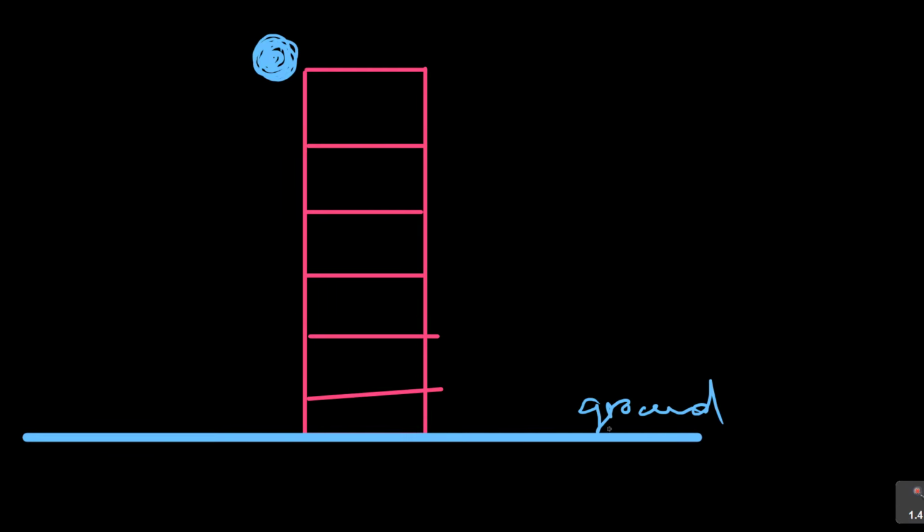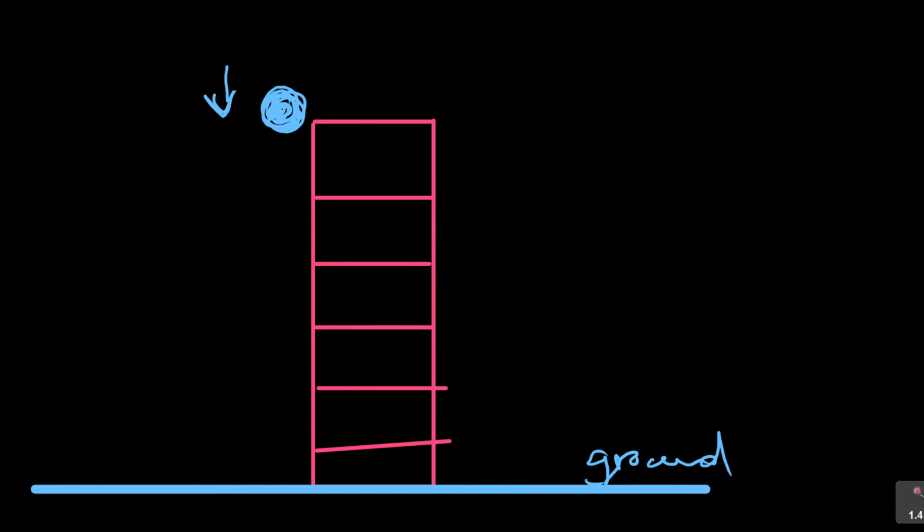Remember, when we're talking about potential energy and kinetic energy, we are saying this object is falling down. All right, so when this object is falling down, again, first things first, what is the object at the top possessing? The first one is that this object is possessing potential energy, EP, which is equal to mgh.